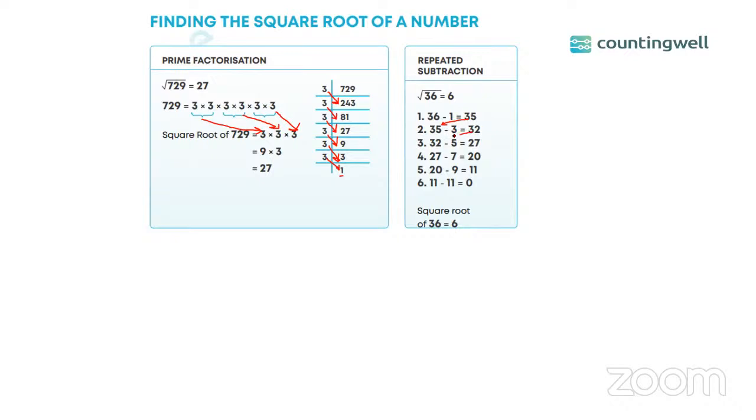We get 32. We take 32 in the third step and subtract the next odd number, which is 5. So we get 27. We take 27 and subtract the next odd number, which is 7. We get 20. We take 20 in the next step and subtract 9. So we get 11. We continue the process till we get 0. So we have the square root of 36 as 6.